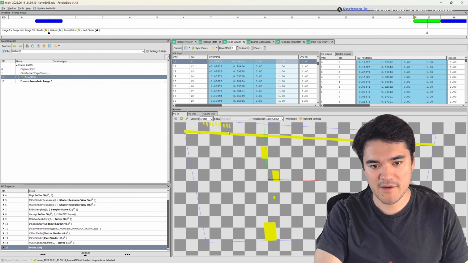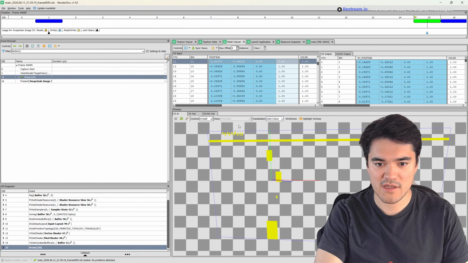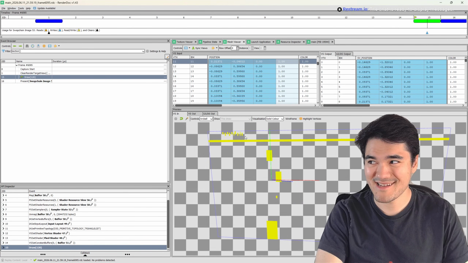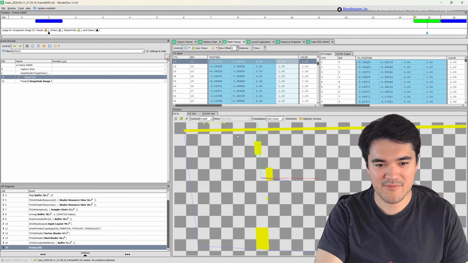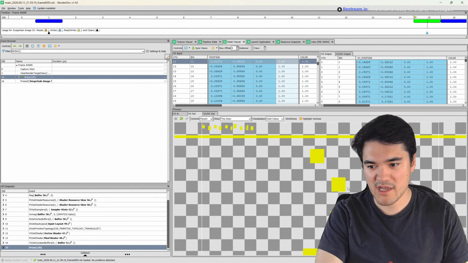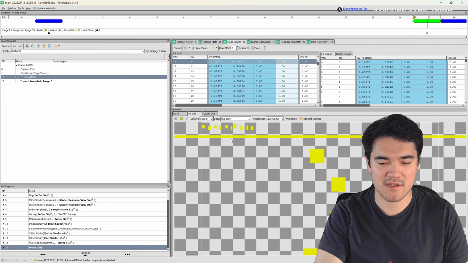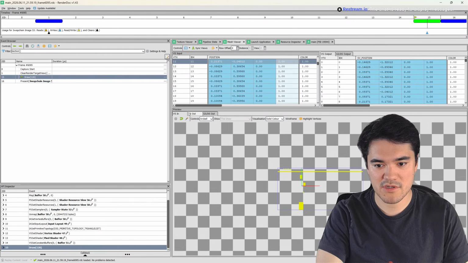Whatever. But we're trying to draw A B C D E F G H I J K L, I think, and these things are not showing up if we look at the VS in. Okay, actually now we have the VS out somehow. Interesting.